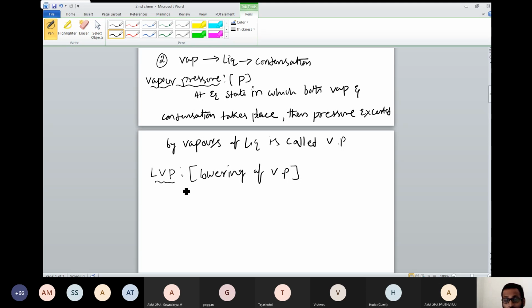If macro particles are present, then even if you heat, they won't evaporate. Non means no; volatile means can be vaporized. So a non-volatile solute consists of macro particles, meaning big particles.